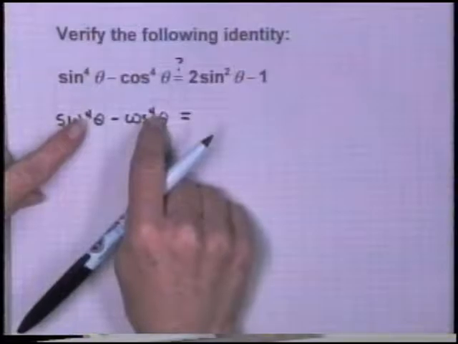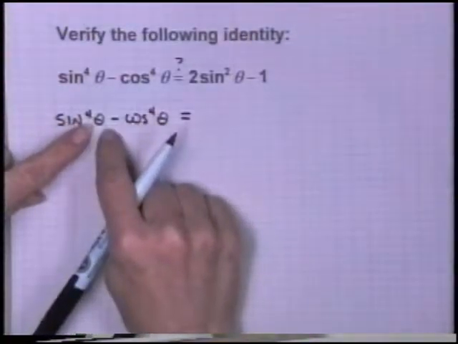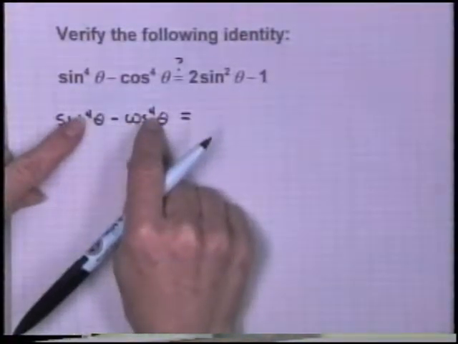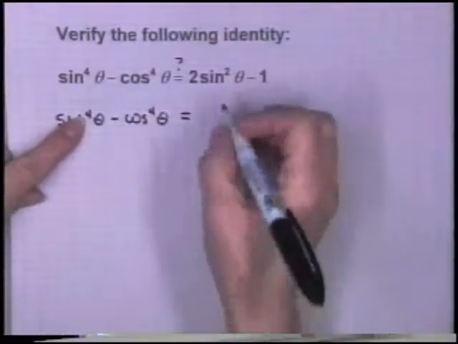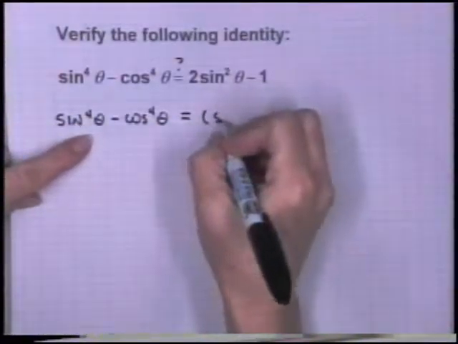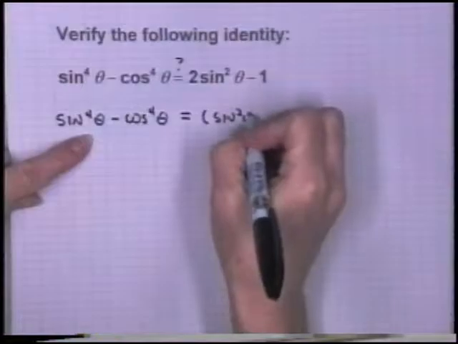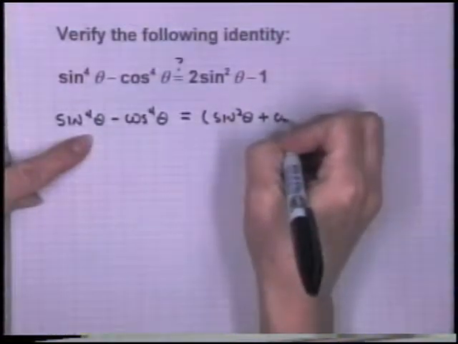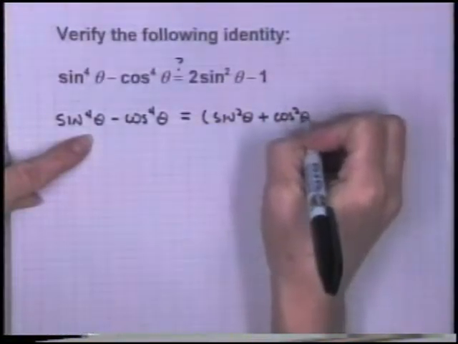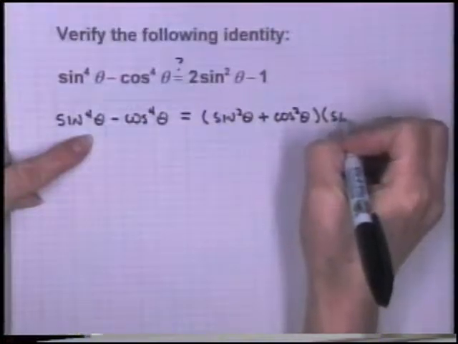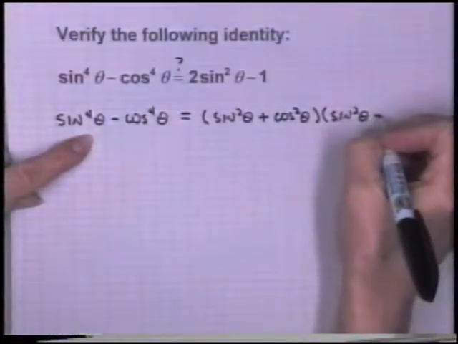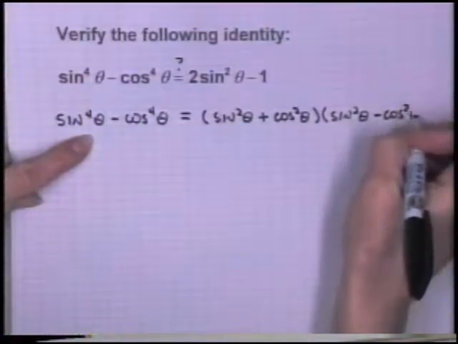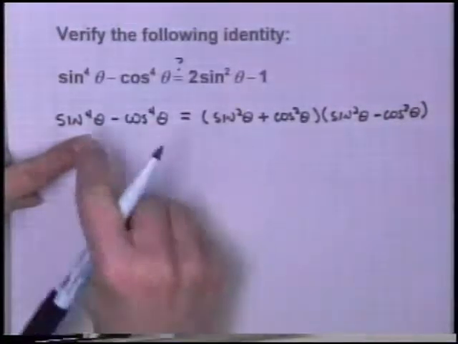Notice your subtract sign. You are subtracting two things to the 4th power. That means these are a difference of squares, right? I can factor this as sine squared theta plus cosine squared theta times sine squared theta minus cosine squared theta.